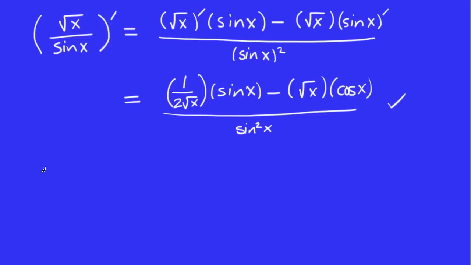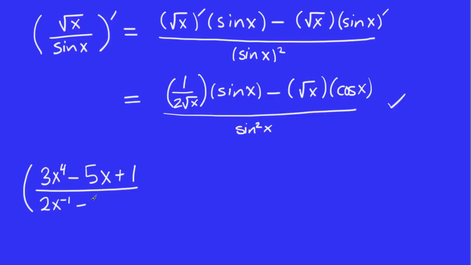Okay, let's do, I don't know, how about 3x to the power of 4 minus 5x plus 1, all over 2x to the minus 1 minus 7x to the, I don't know, doesn't matter, minus 3, say.